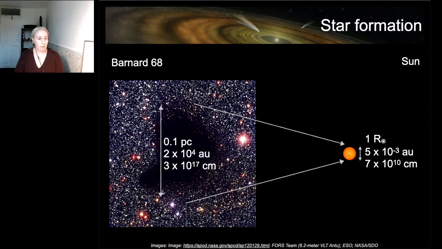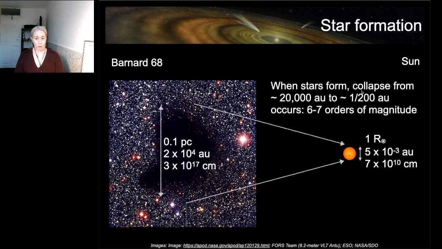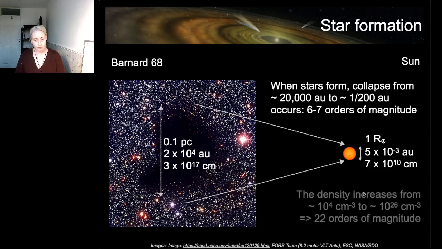So we can see that this molecular material needs to collapse over many, many orders of magnitude. It's actually between about 6 to 7 orders of magnitude. That's between a millionth to a ten millionth of its original size. So it's a really huge size range that these clouds need to collapse down to form stars.